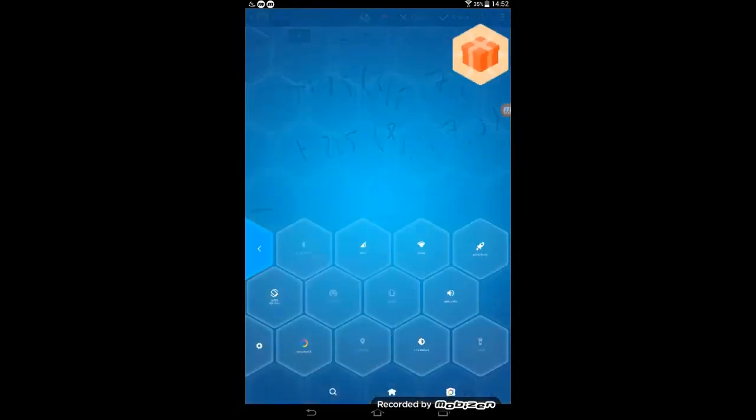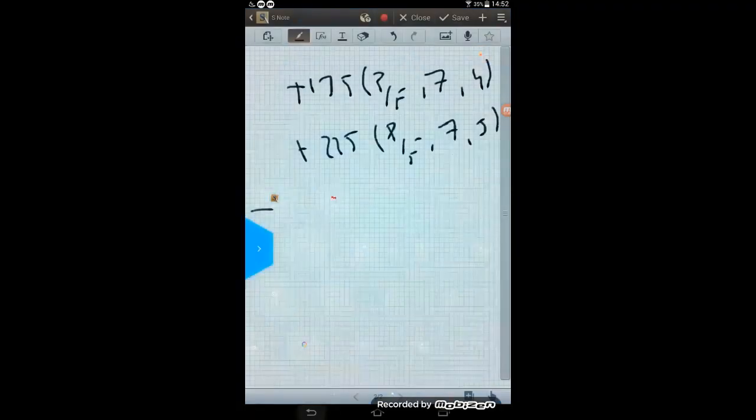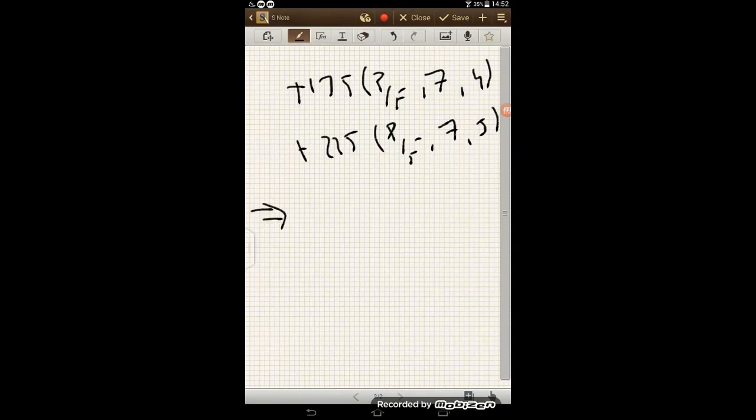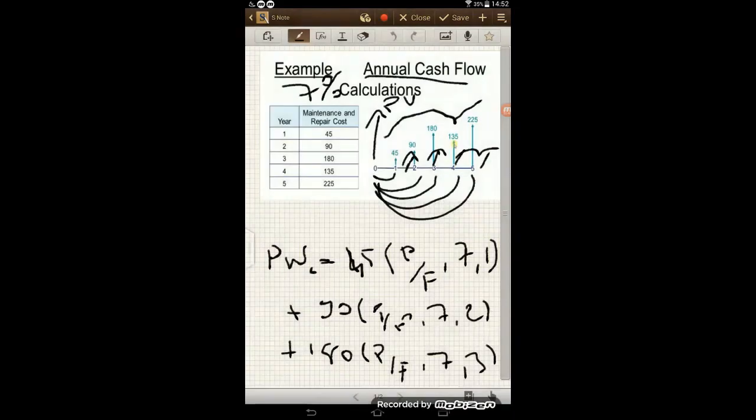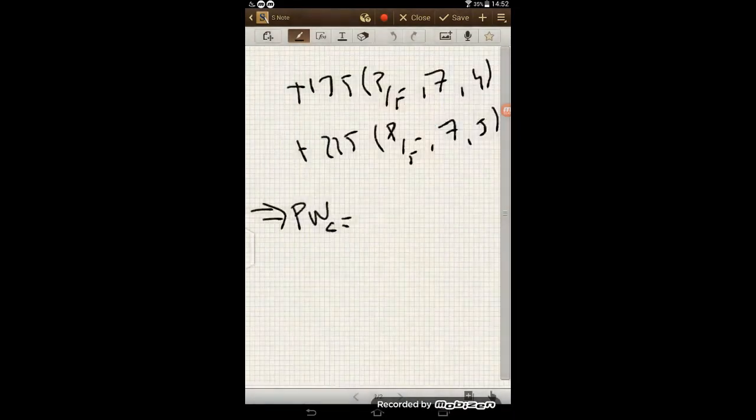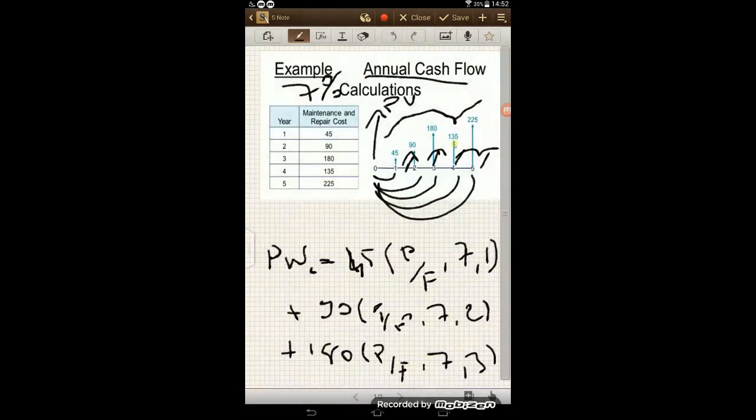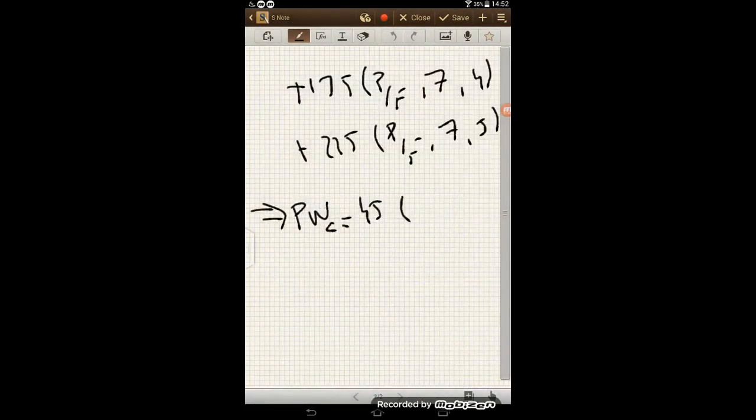And we can calculate this present worth cost as 45 multiplied by P over F, 7%, which is in the table.